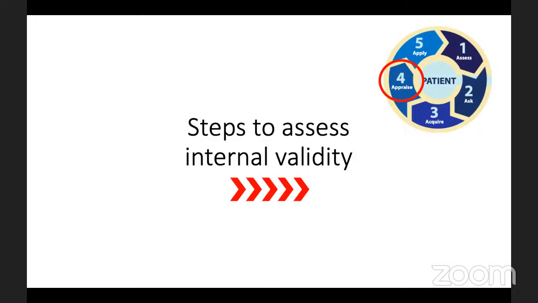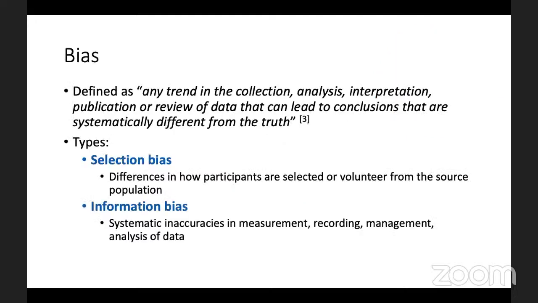Okay, so now we're going to go to the actual steps of assessing internal validity. So to appraise bias in an article, we need to look at how the study was conducted. So we need to look specifically at the methods section.